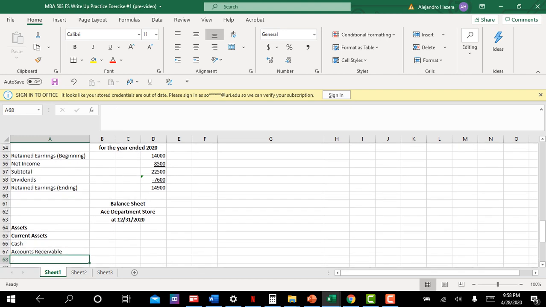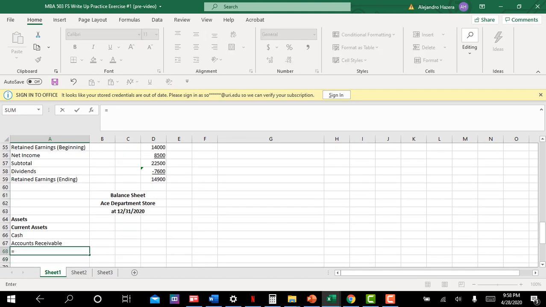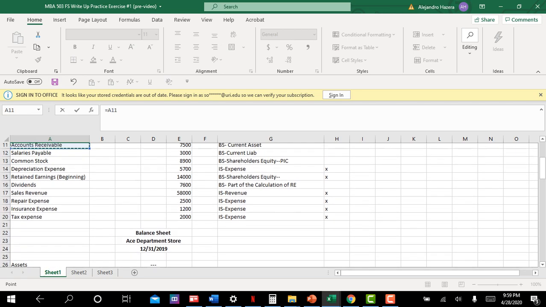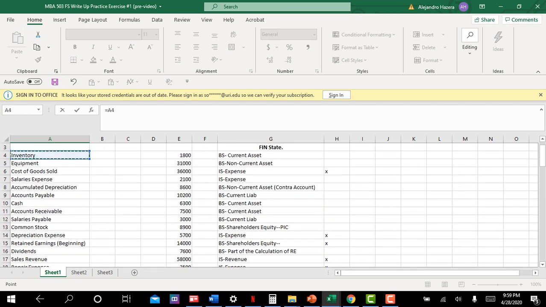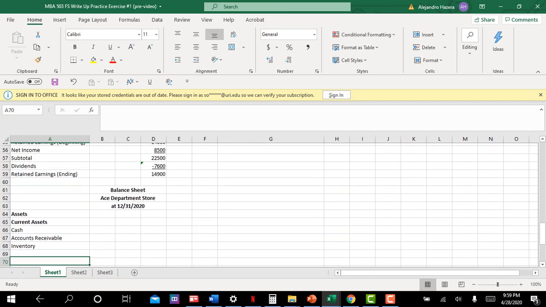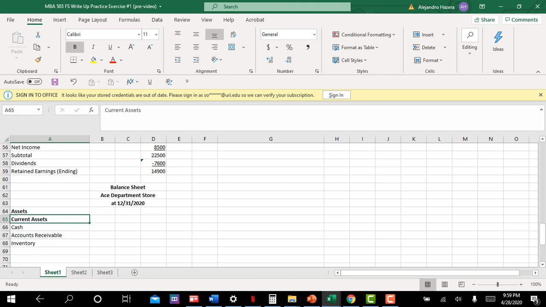Okay, so I'm going to put inventory on here, and the reason I'm doing this is because when you have cost of goods sold, it means you're making a product. You're a retailer or manufacturer, and retailers and manufacturers have to have inventory. Okay, so I'm just going to leave it at one column here, and I'm going to put up the current assets.